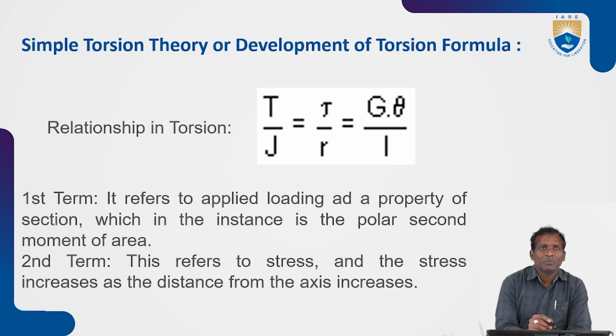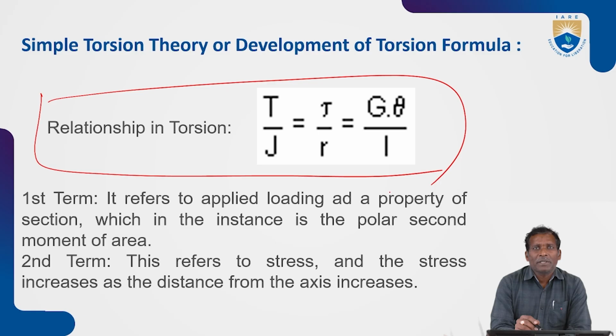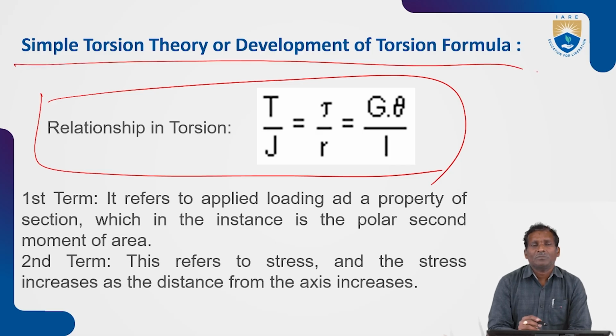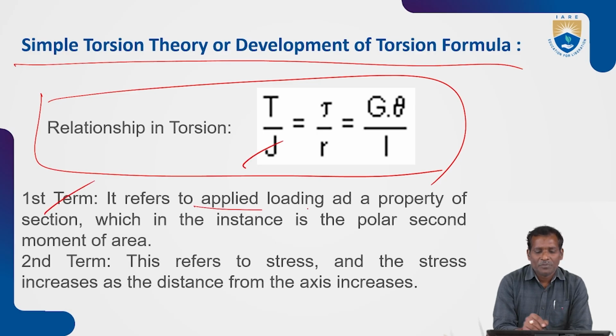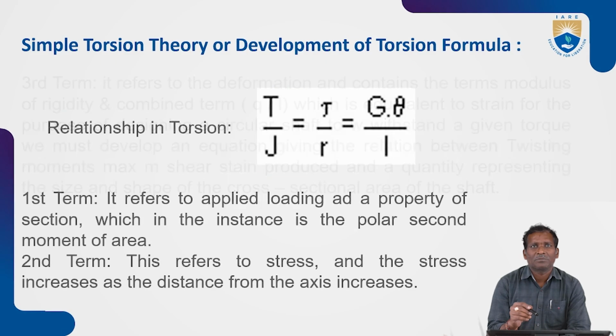See, the relationship of torsion is T by J is equal to tau by R is equal to G into theta by L. This is the simple torsion theory or development of the torsion formula. So in this, the first term refers to applied loading and a property of the section, which is the polar second moment of inertia.